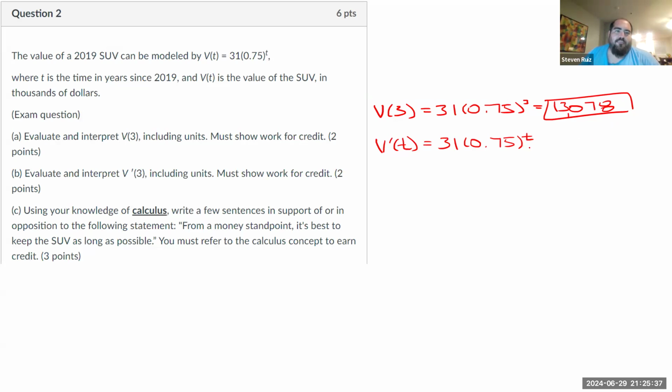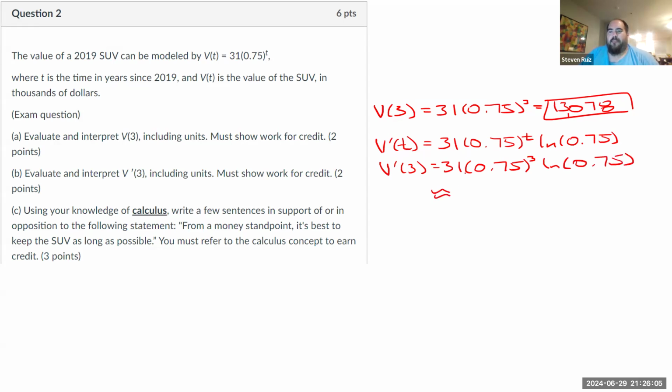This is not, so my base is different from e, so I have to observe this. I have to multiply this by the natural log of 0.75. So if I want to evaluate this at 3, 31 times 0.75 to the third power times natural log of 0.75.